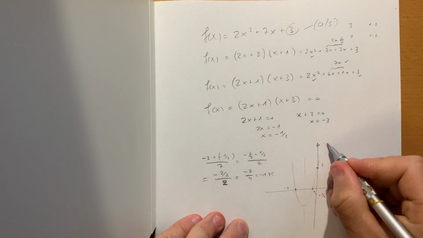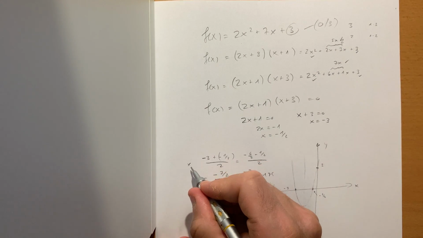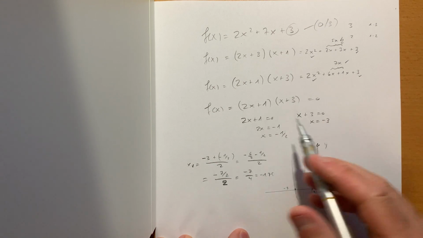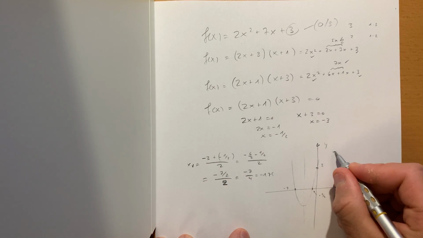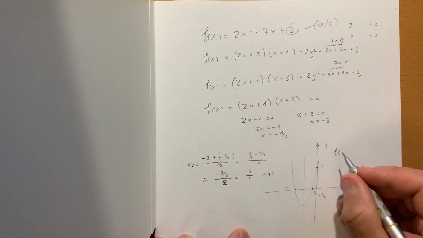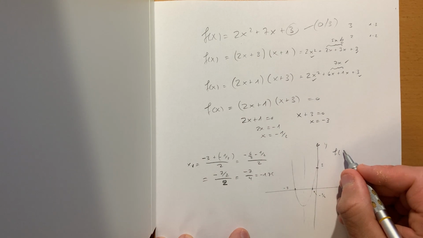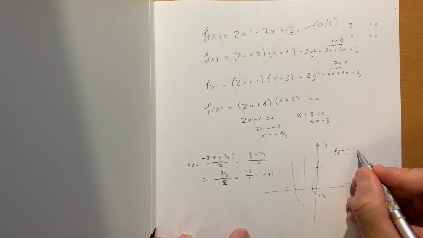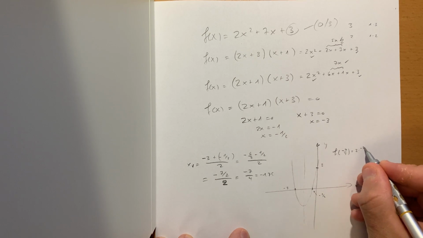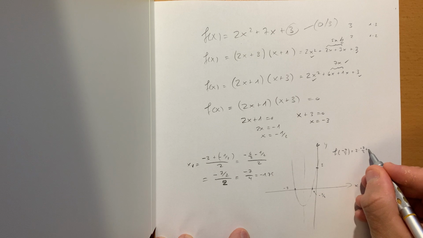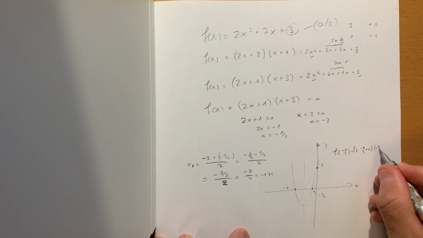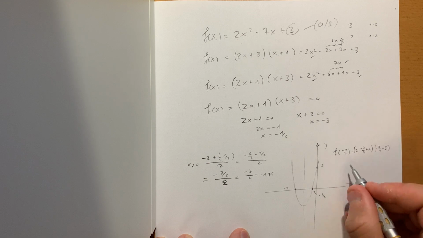Now, this is our x_v, the x value of our vertex. Now we can work out the y value. For that, we need to plug it in here. So it's 2 times minus 7 quarters plus 1, times minus 7 quarters plus 3.